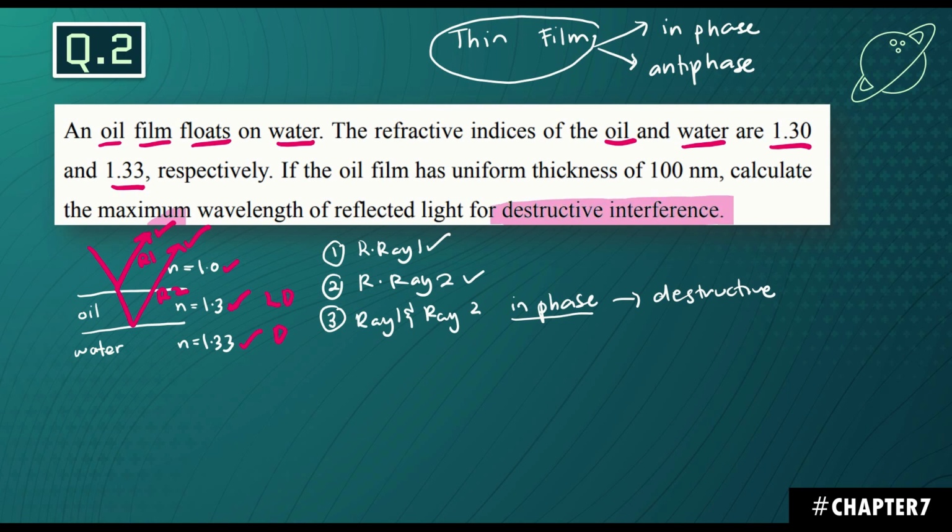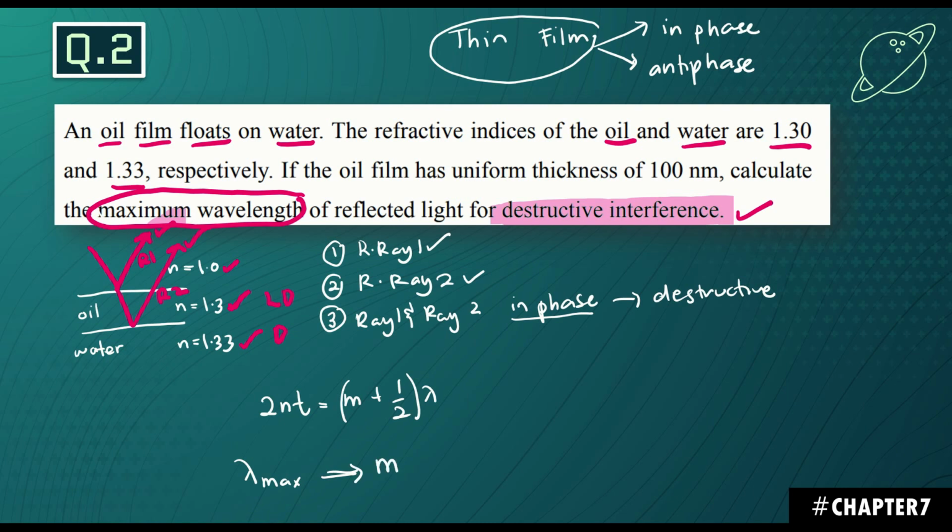So we are applying the equation for destructive interference, since we want to find the maximum wavelength. The equation that we're supposed to use is 2nt equal to (m plus half) lambda. To get maximum wavelength, it means your order number is minimum. So in this case, m is equal to 0.